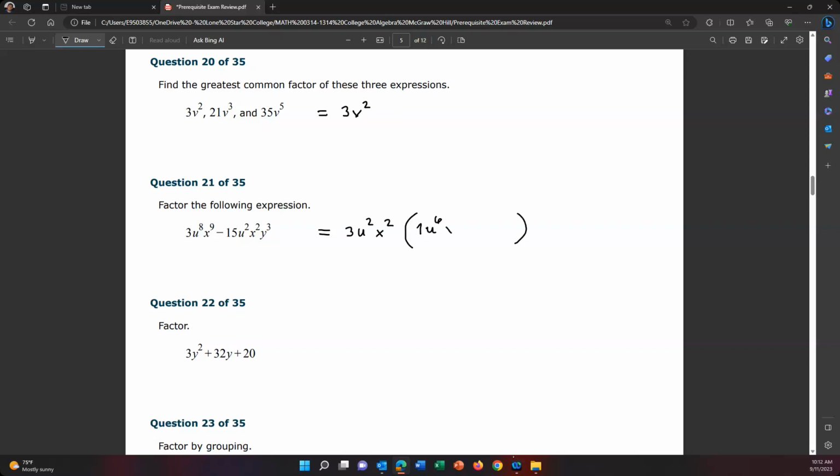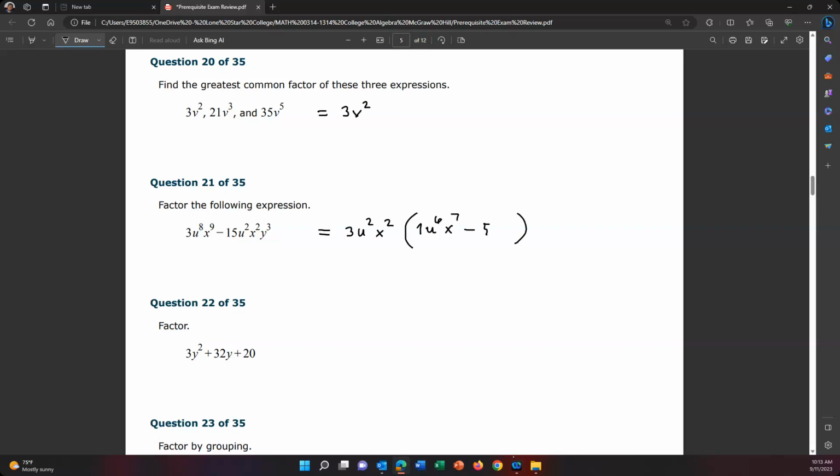It seems like we also need a couple of more x's. Here we have x squared, but this term has x to the 9th, so we need 7 more, okay? Now we need a negative 15, so we need to multiply by negative 5 or a minus 5, okay?